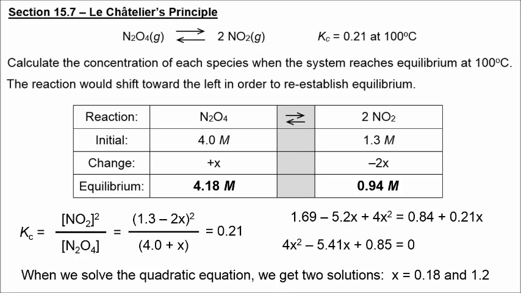Another reason why this answer makes sense is that we have decreased the volume of the container, so the shift occurred toward the side of the reaction with fewer moles of gas.